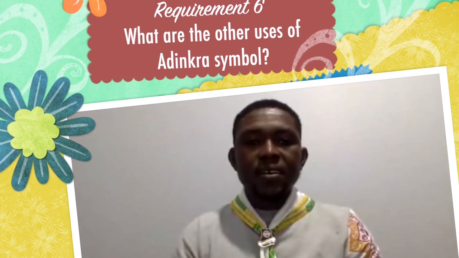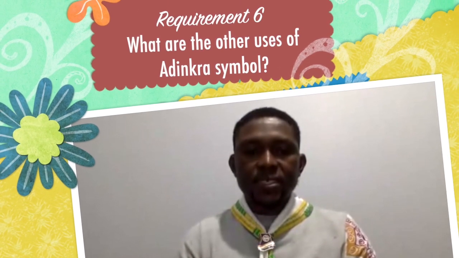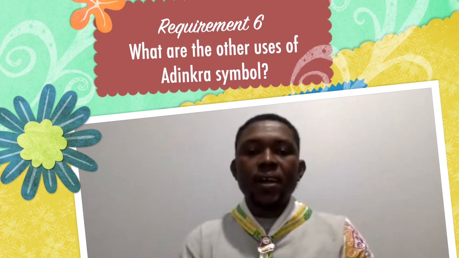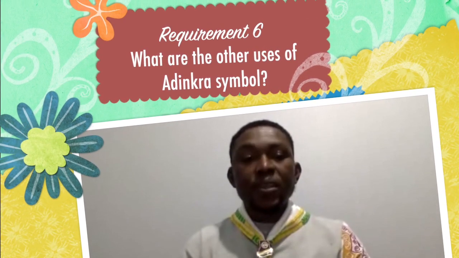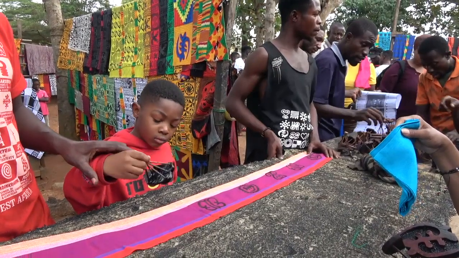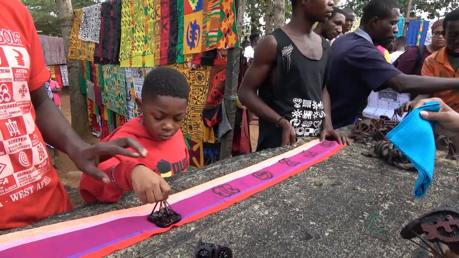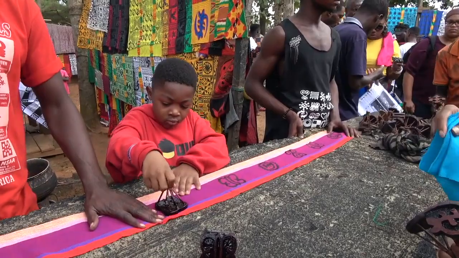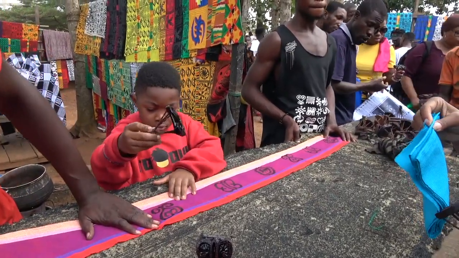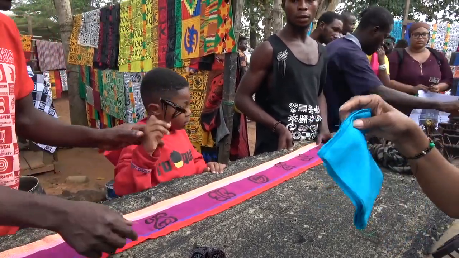Adinkra Honour, requirement 6. What are the other uses of Adinkra symbol? Adinkra symbols can be described as small, symbolic pictures or motifs used to decorate colorful pattern cloth by fashion designers in Ghana.